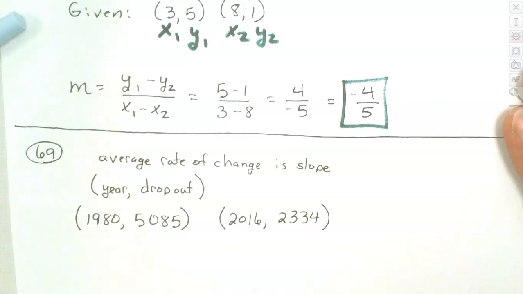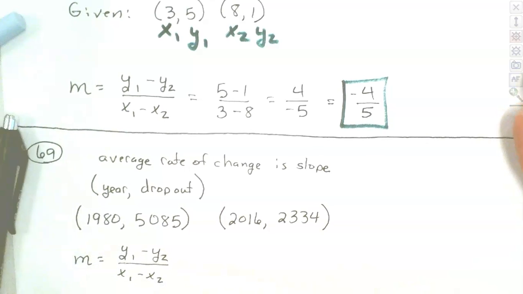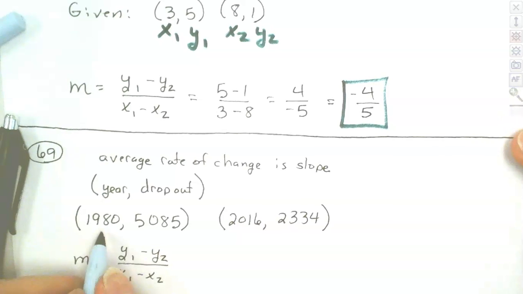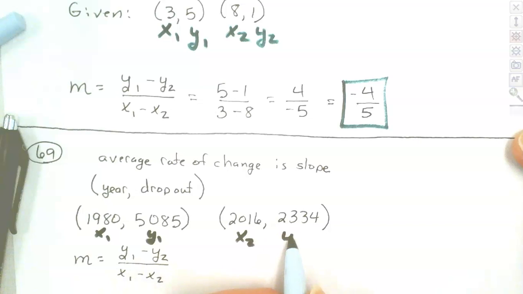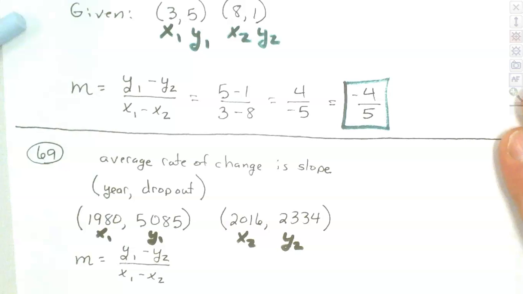So let's go ahead now and find our slope, which is y1 minus y2 over x1 minus x2, and label our ordered pairs x1, y1, x2, y2. Fill in the blanks here.